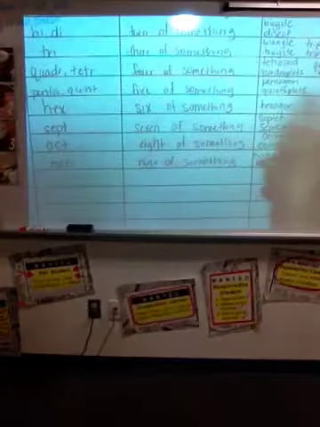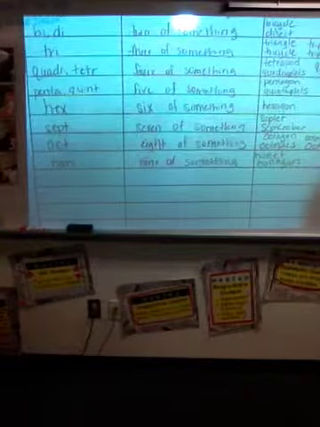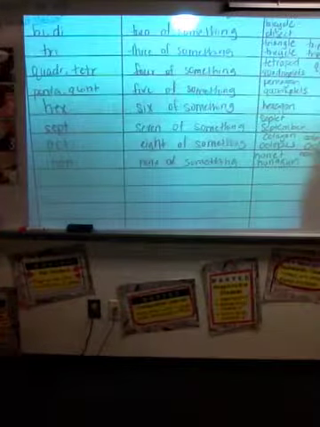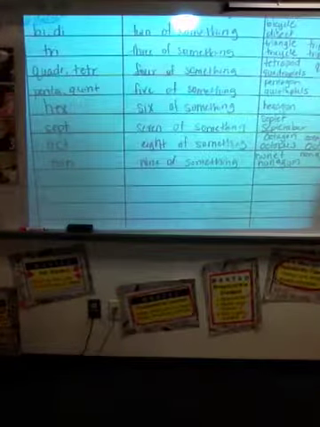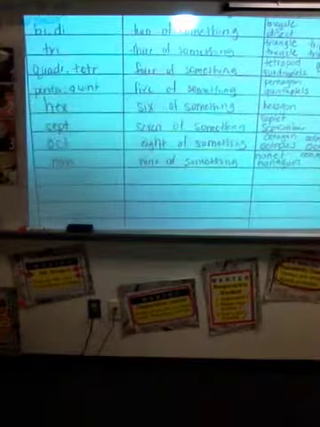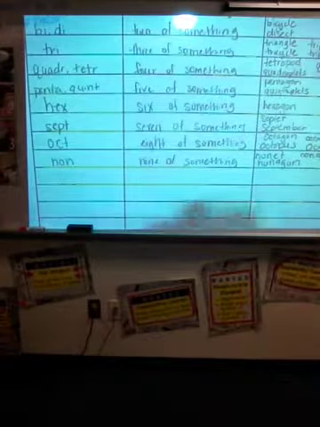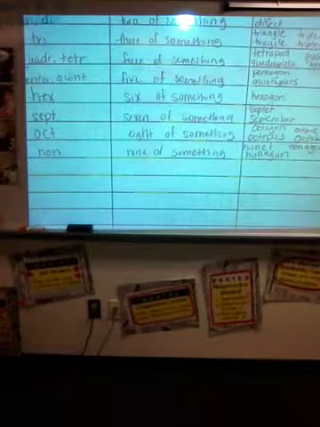Also a nonagon. A nonagon is a shape with 9 sides. And this is a kind of a cool word, a nonagenarian. A nonagenarian is a person who's at least 90 years old.